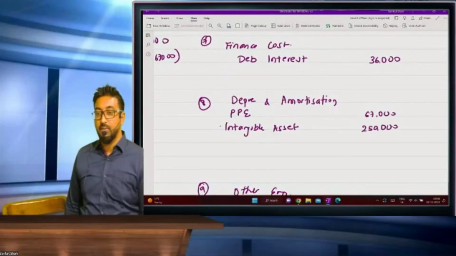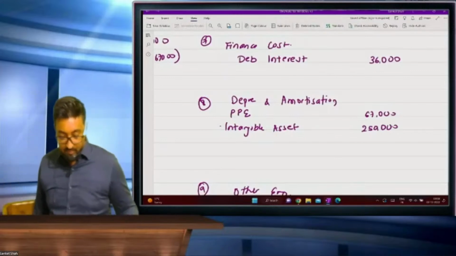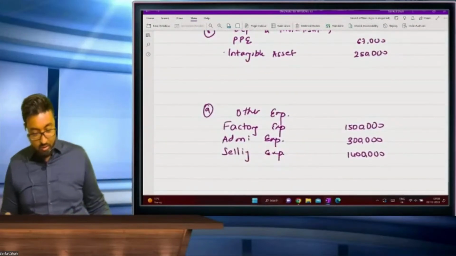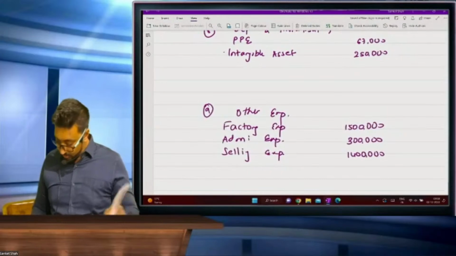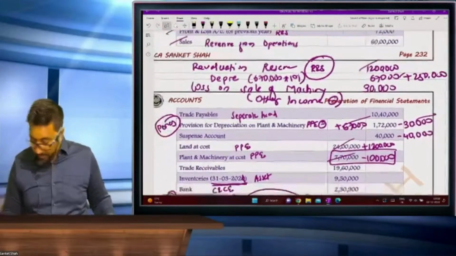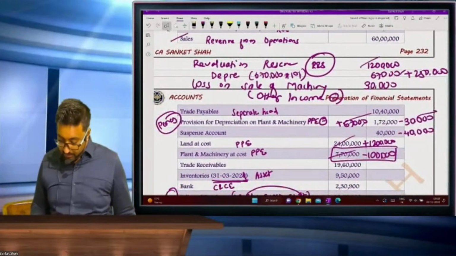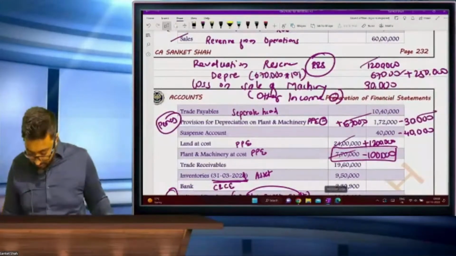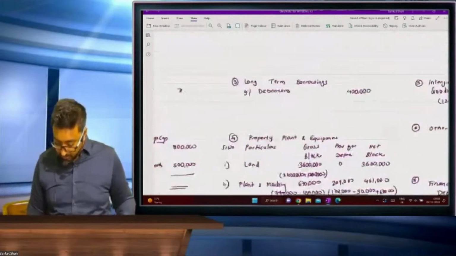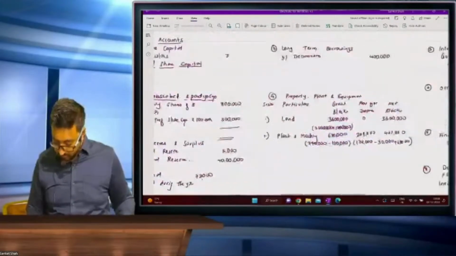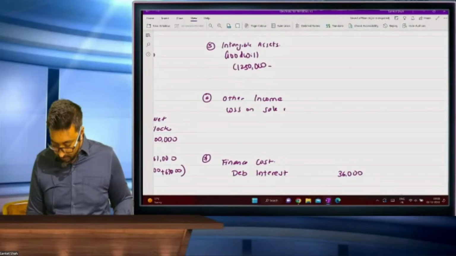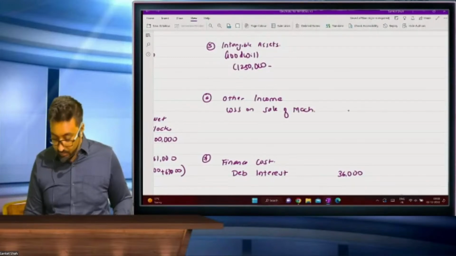Intangible assets, 2,50,000. Okay. So here, what is left? Depreciation 67,000 and 2,50,000, and loss on sale of machine. Loss on sale of machine, minus 30,000.